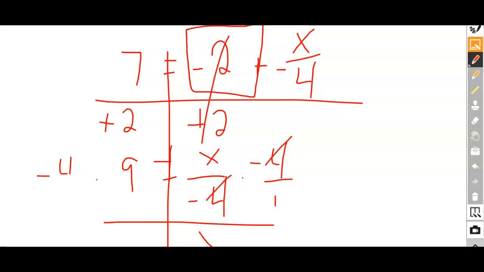These all cancel out, leave me with x, and -4 times 9 is -36. So on the exit ticket today, just type in the number, -36. You don't need to do an x equals. Questions on that one?